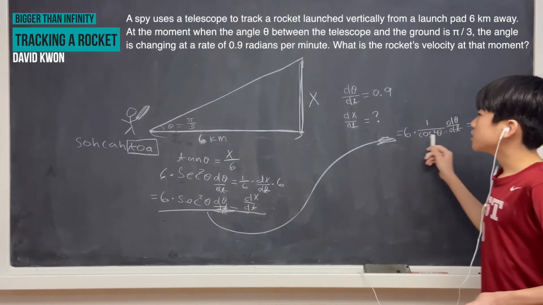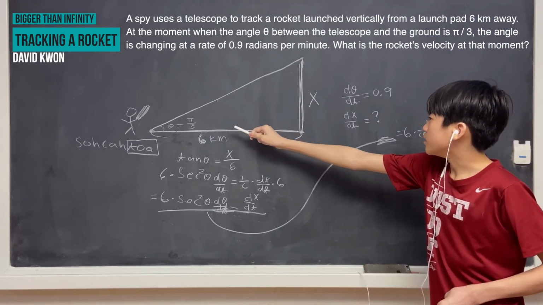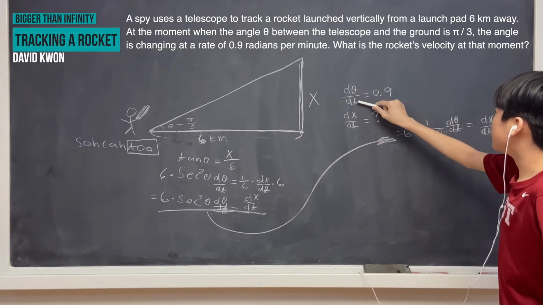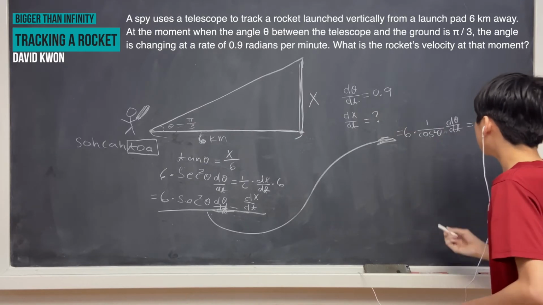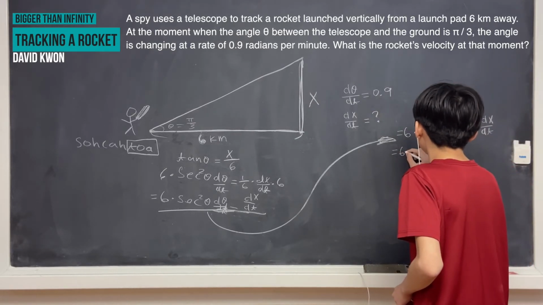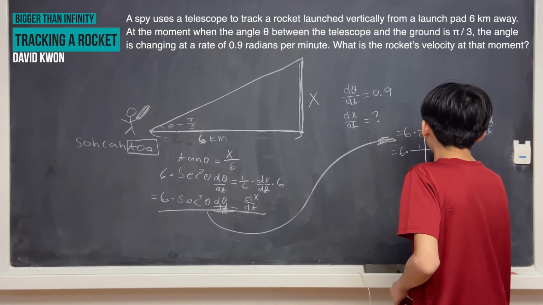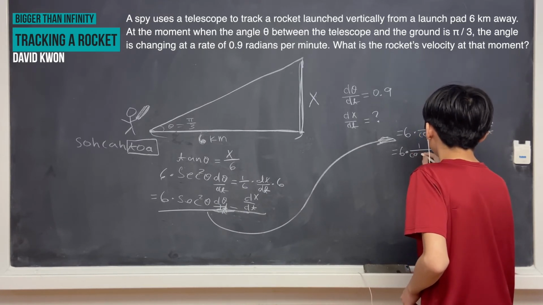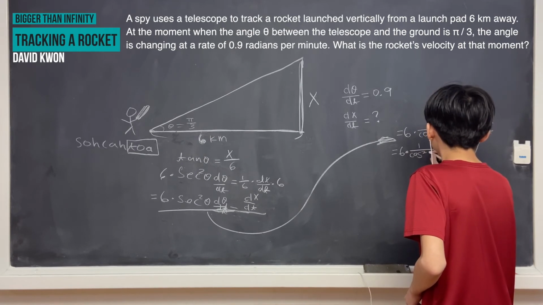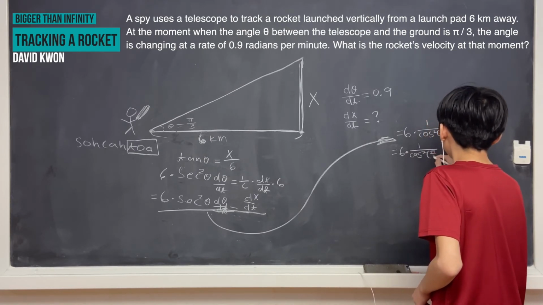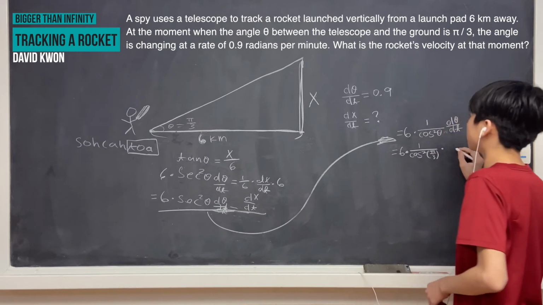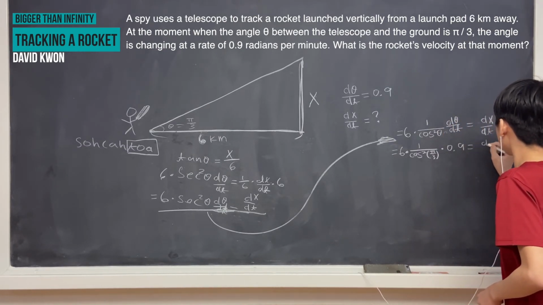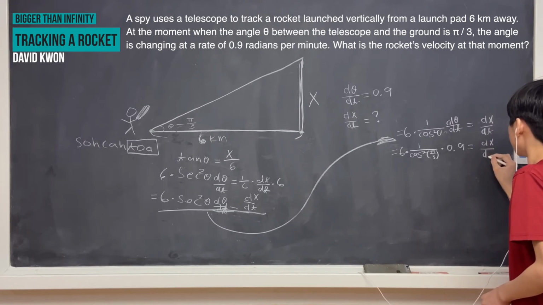And we will insert theta is equal to pi over 3 and d theta over dt is equal to 0.9. So we have 6 times 1 over cosine squared pi over 3 times 0.9 is equal to dx over dt.